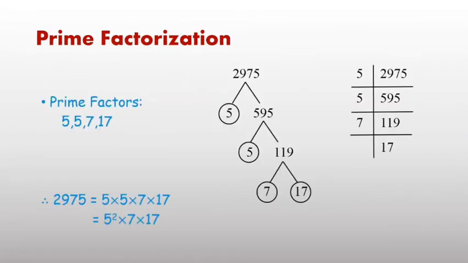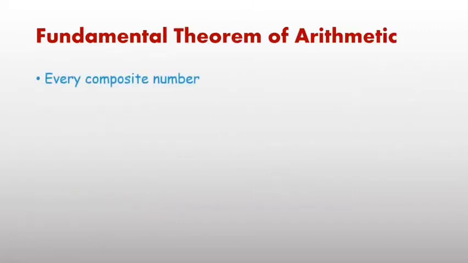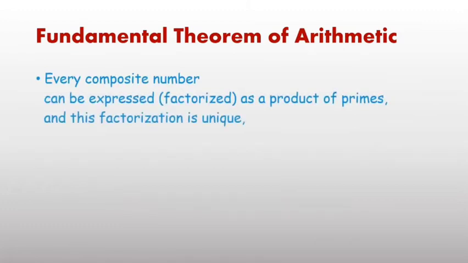As on the previous page, you can observe the number given as 2975. Factors are 5, 5, 7 and 17. Means any number you can write as a product of prime factors. For example, 12 is given. 12 you can write as 4 into 3.